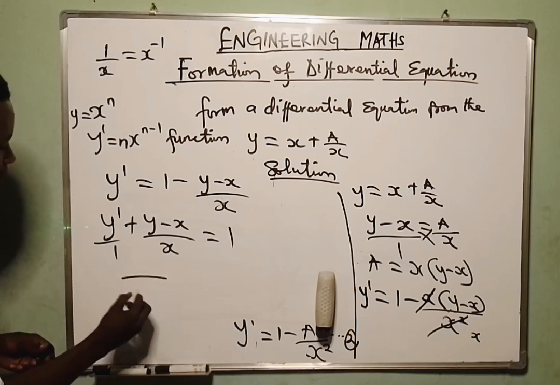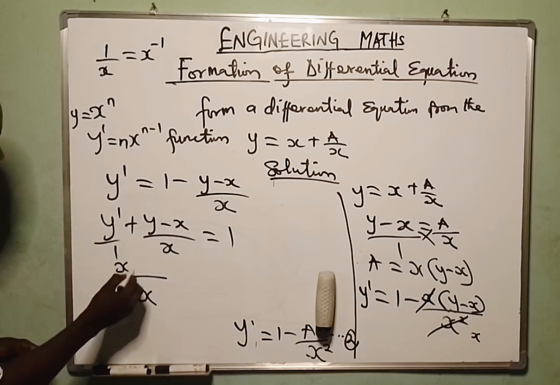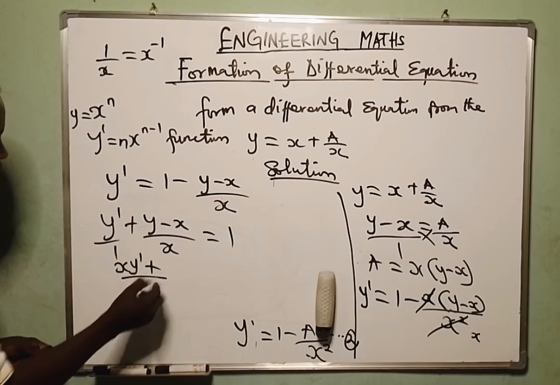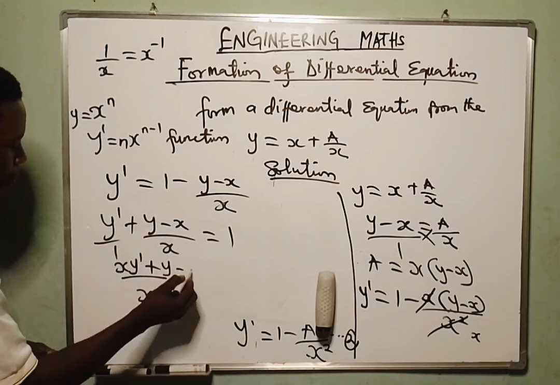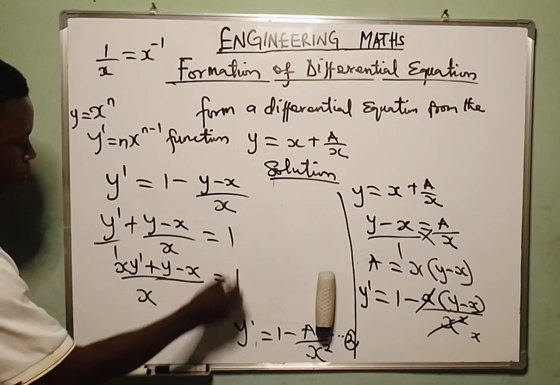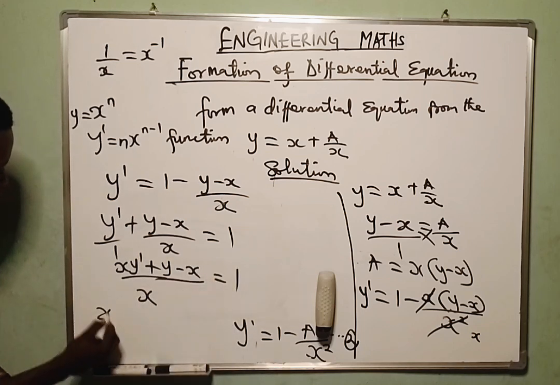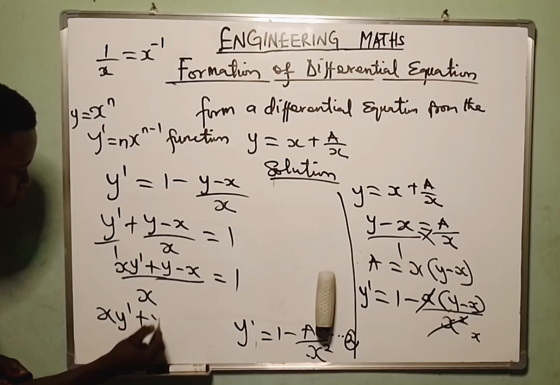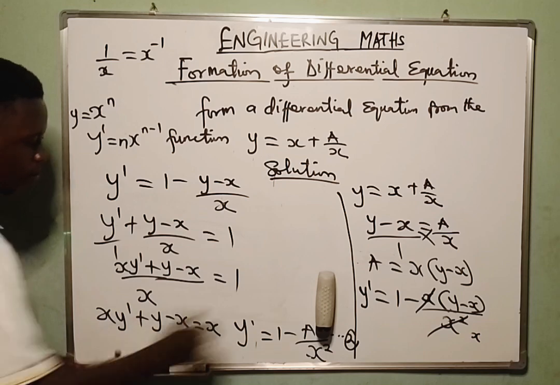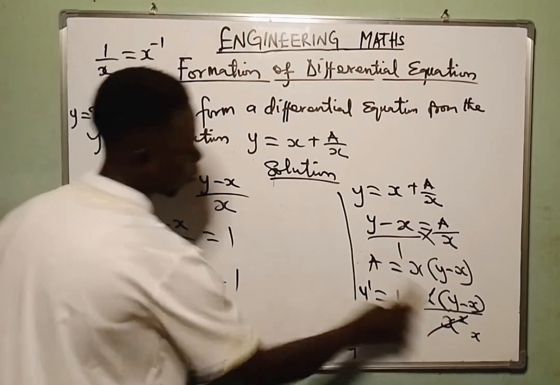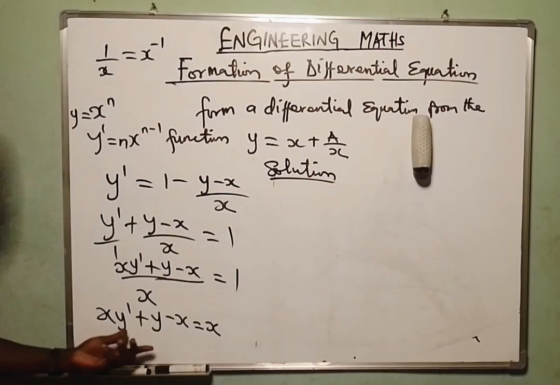We are going to have x divided by 1 will have x times y prime, which is xy prime, plus x divided by x will have 1 times this, which gives y minus x equal to 1. And then lastly, let x multiply this, and you have xy prime plus y minus x is equal to x.